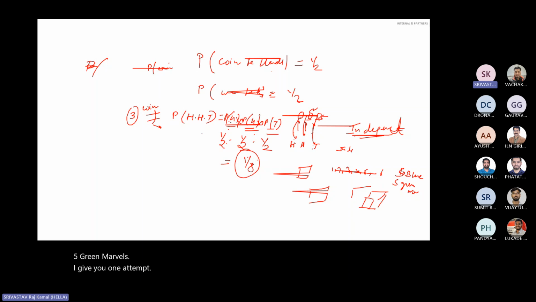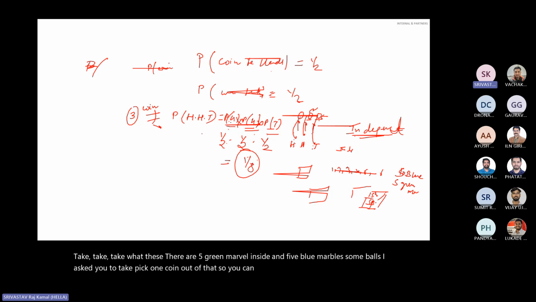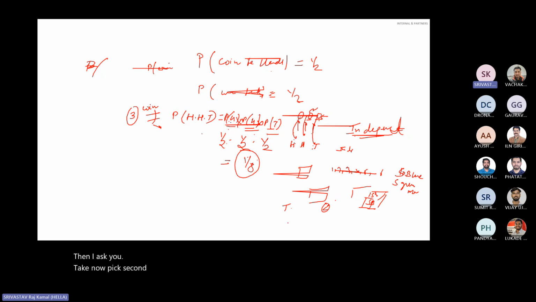Take one; there are 5 green marbles inside and 5 blue marbles. I ask you to pick one marble out of that. You can pick any one. Then I ask you to pick a second marble. Give me the probability that the first is green and the second is blue.